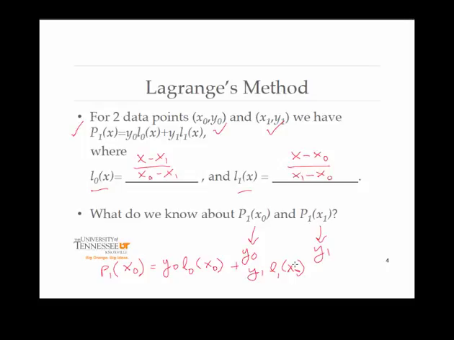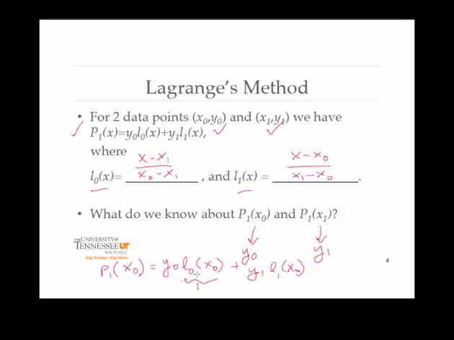Here's L0 of x and here's L1 of x. Again, the y0 is the y-coordinate of the first data point. When you plug in x0 up here into L0 of x, what would you get? Well, remember, these are constants that we already know about from the coordinates themselves. You're just going to plug it into that first component there. So when x0 goes in for this x, you're going to get a 1 back. So this is going to evaluate to 1.